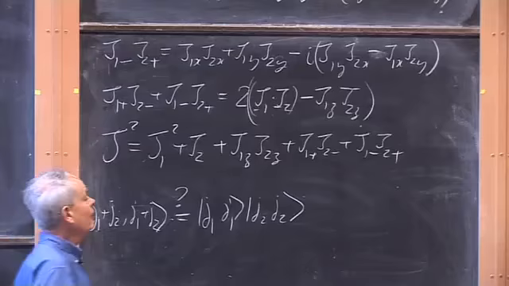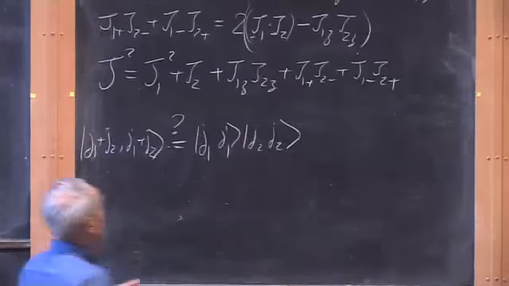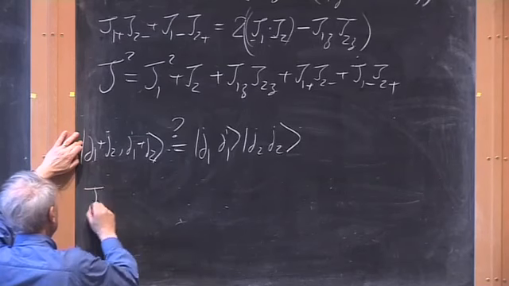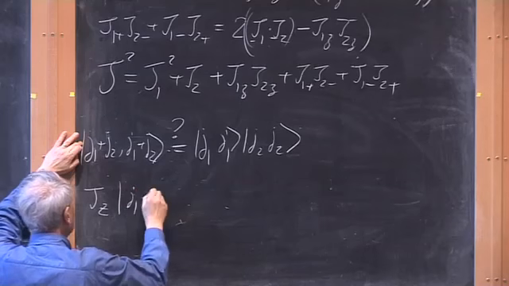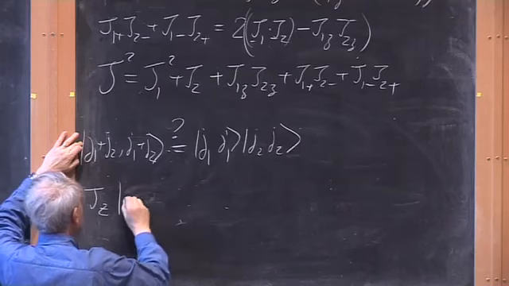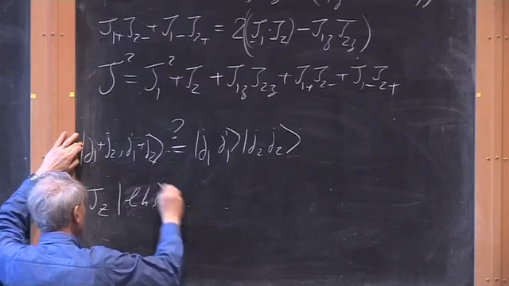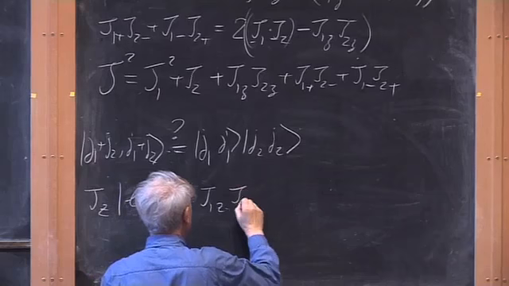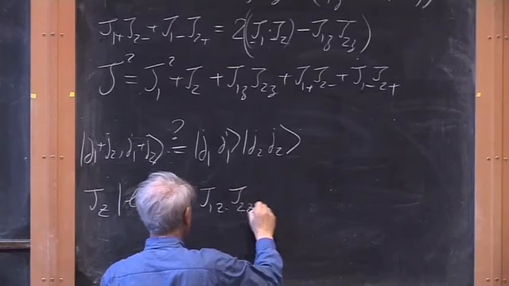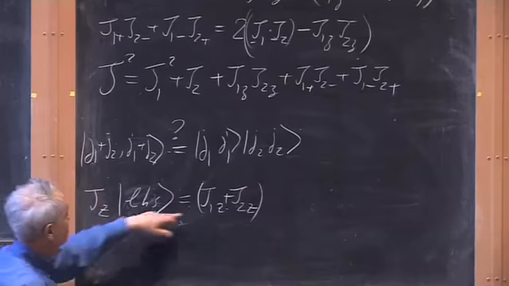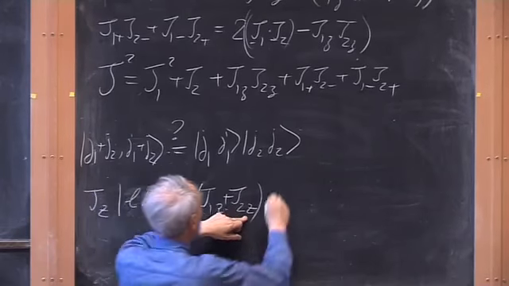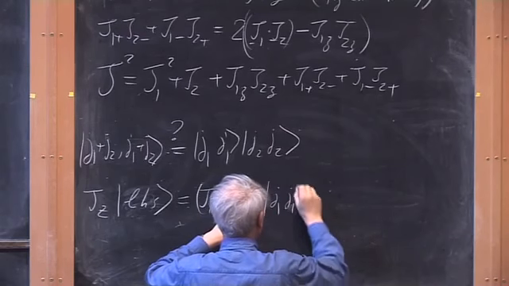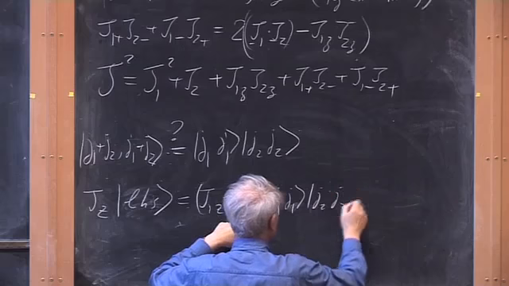Is it true? We check that it is true by applying the relevant operators to both sides. So if I do jz on the left-hand side, what do I get? I get j1z plus j2z, because j total z is the sum of the z operators of the gyros, operating on the right-hand side, which is |j1, j1>|j2, j2>.